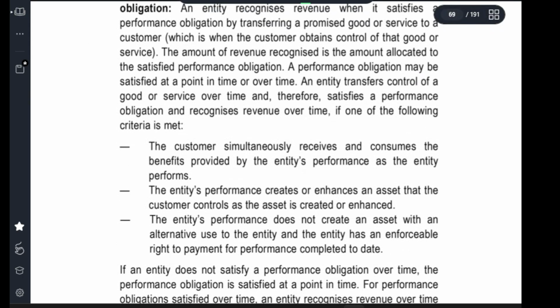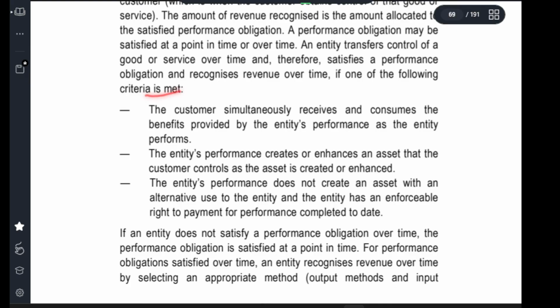Only after the transfer of goods over the period can we recognize the revenue. Unless and until control has been transferred, we cannot. Control is very important. Once control has been transferred and we have satisfied the obligation, only then can we recognize the revenue.